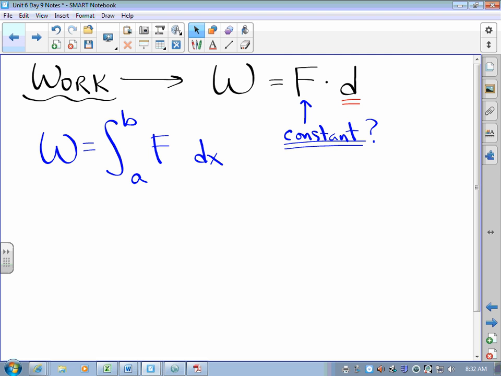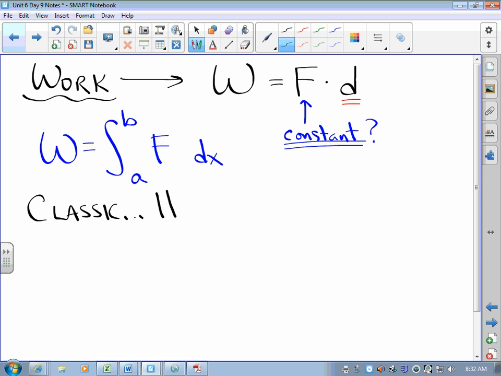It's the same process we've always used. Break up the distance into teeny tiny subintervals, assume on each tiny subinterval everything is constant. Add up a whole bunch of works, add them up, Riemann sum, turns into an integral. Classic.